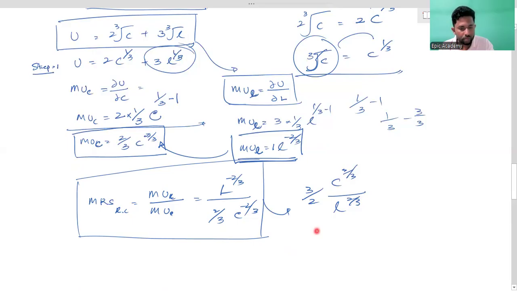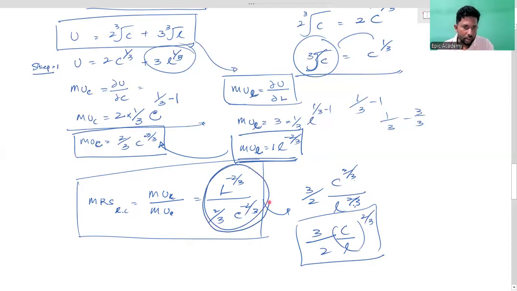Are you okay with that one? Yes, I understood. 3 divided by 2, C divided by L, it is similar, 2 divided by 3. So then you can put that 2 divided by 3 between them, isn't it? Yeah, correct. If we simplify it as this, it is easy to calculate.